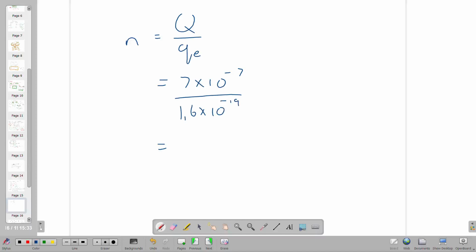If we substitute that back into the calculator, we get 4.38 times 10 to the 12 electrons.